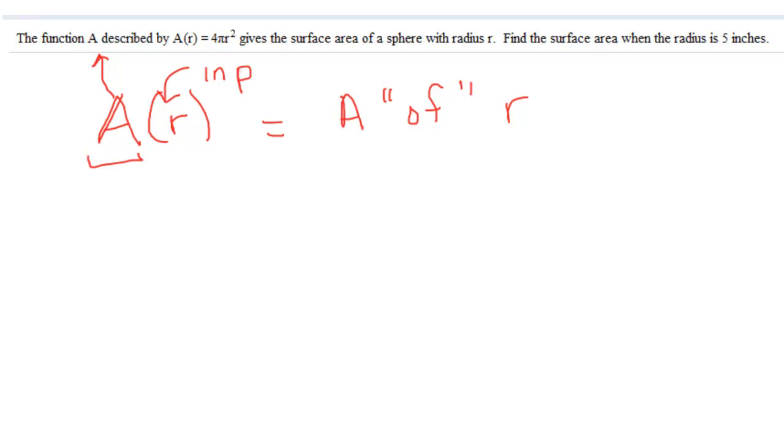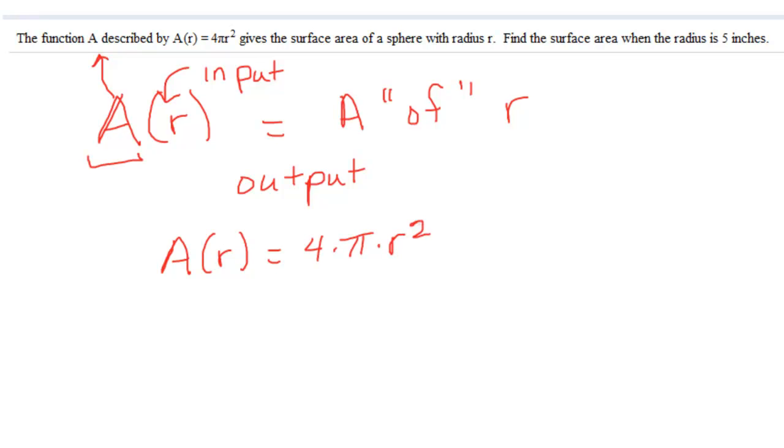So this is the input. Okay? And A of r is the output. So you're going to calculate an output to go with the input r. And so the function gives you the formula for the output. So it says A of r is 4 times pi times r squared.